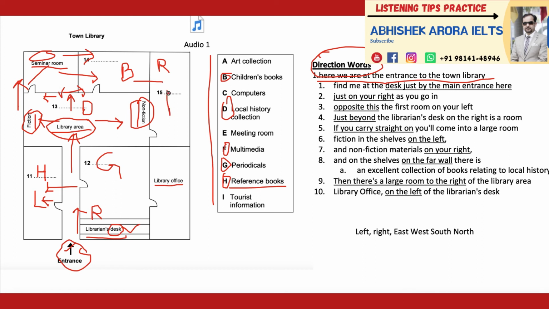And we also have CD-ROMs you can borrow to use on your computer at home. It was originally the art collection, but that's been moved to another building. And that's about it. Oh, there's also the library office on the left of the librarian's desk.